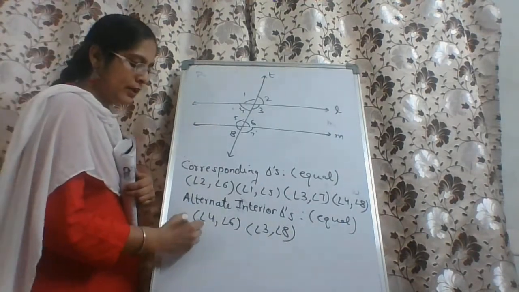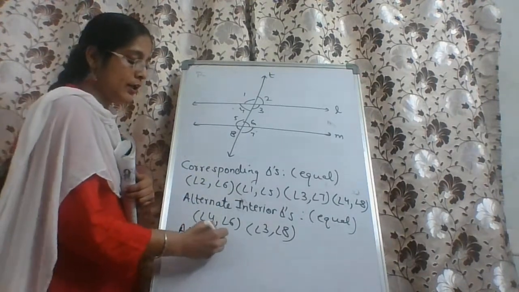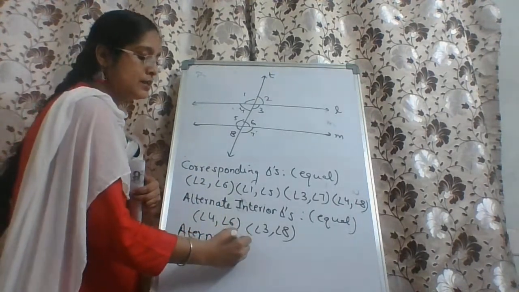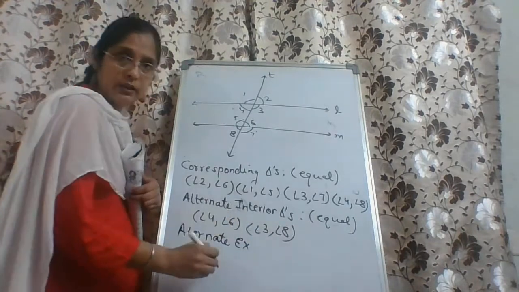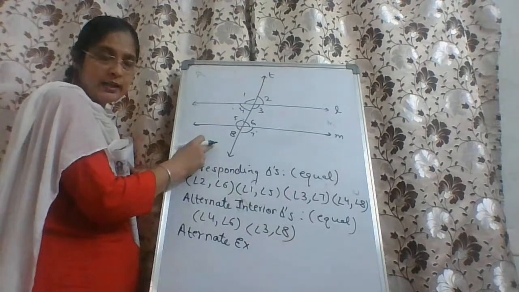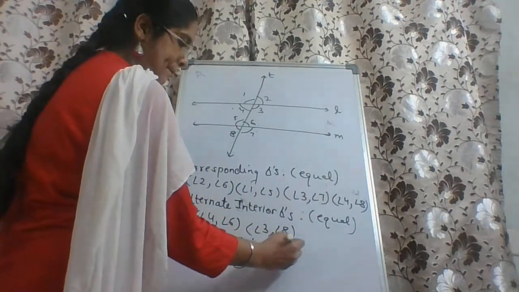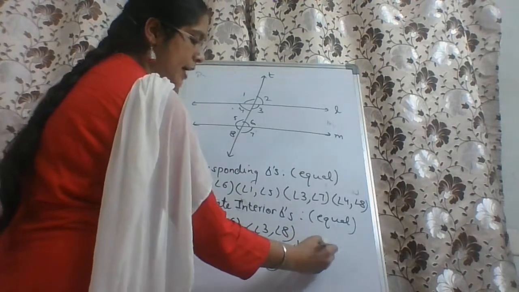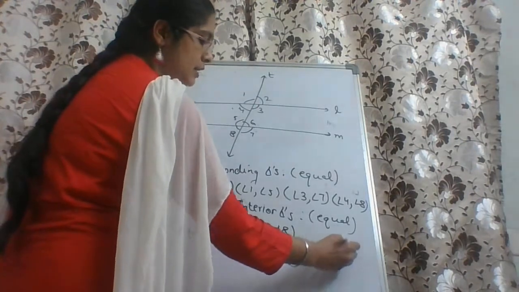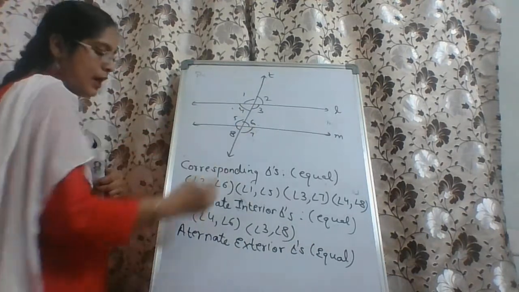Coming to alternate exterior angles, name itself suggests it is alternate angle, exterior of the parallel lines. Again here the condition is alternate exterior angles are always equal.